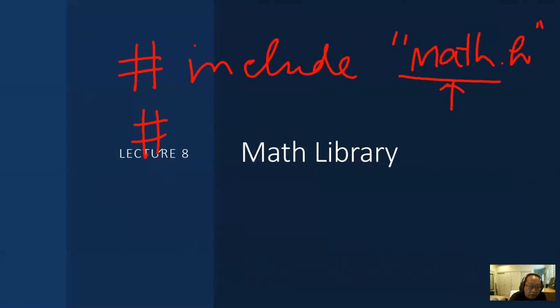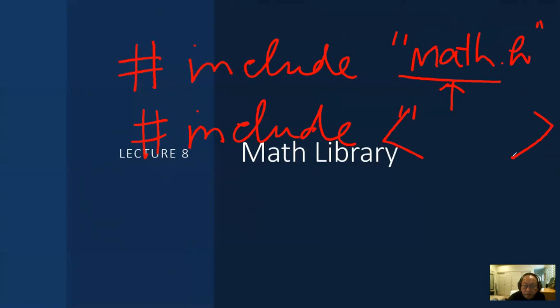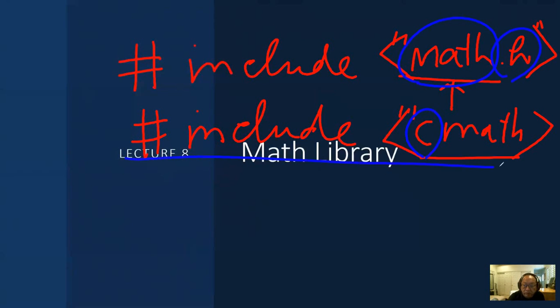If you want to do it in C++, you include it with an angle bracket and cmath. For any library in C, you put a c in front of it and don't use .h, and then you can import it in C++. So that's the rule.